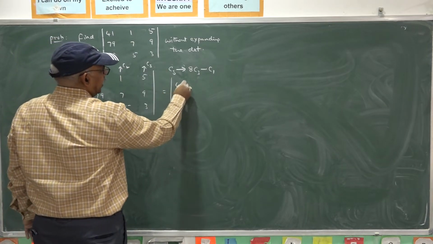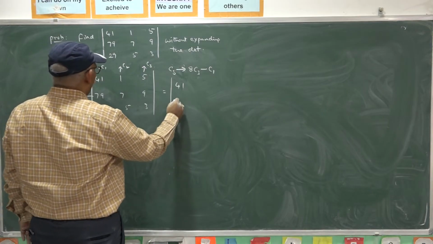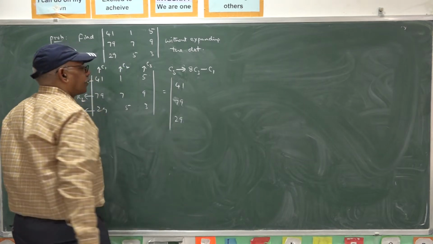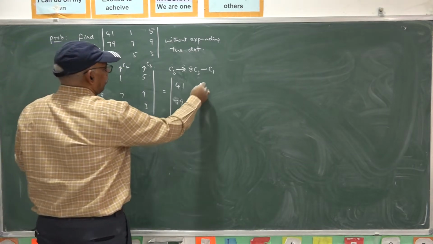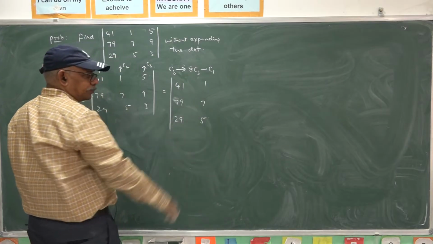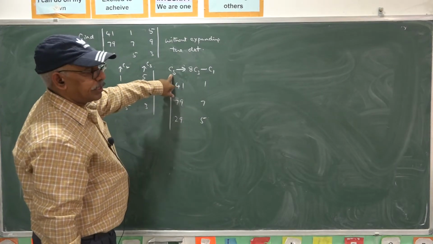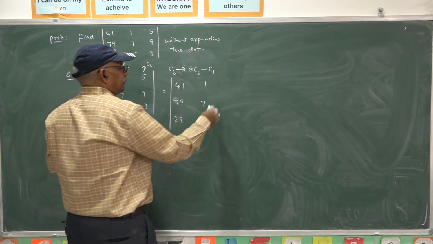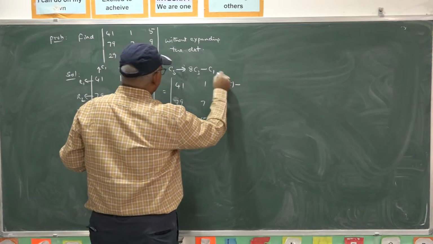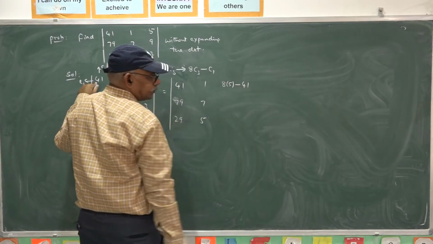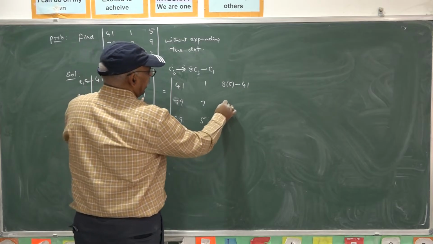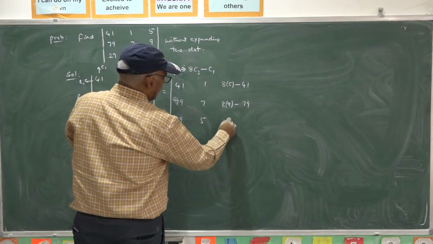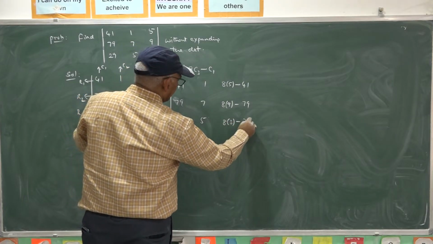Hence the first two columns do not change here: 41, 79, 29 and 1, 7, 5 remain the same. Now the change is over C3 as 8 into 5 minus C1 element 41. Similarly, 8 into 9 minus 79. Similarly, 8 into 3 minus 29.